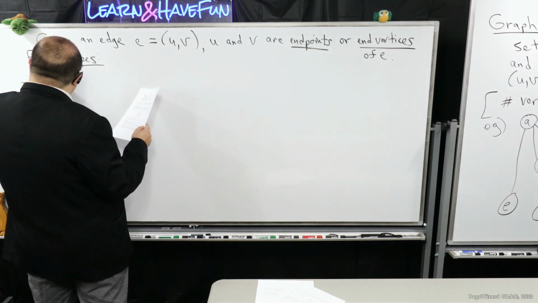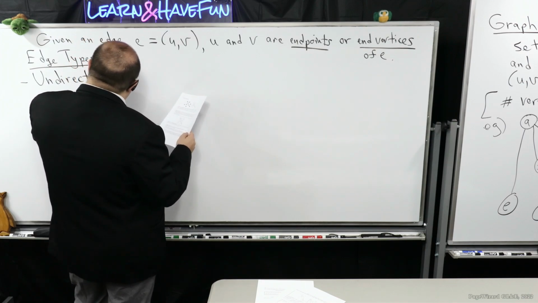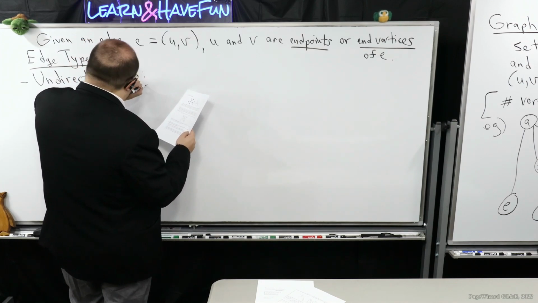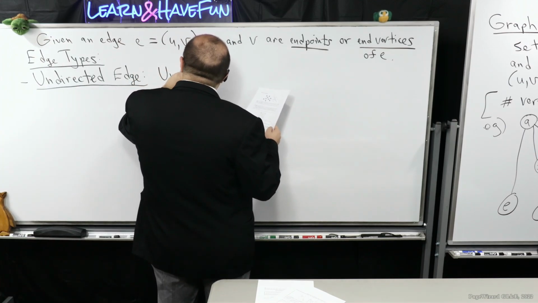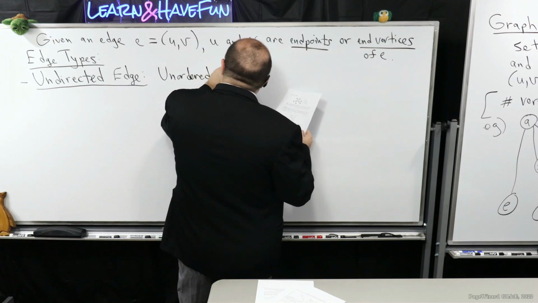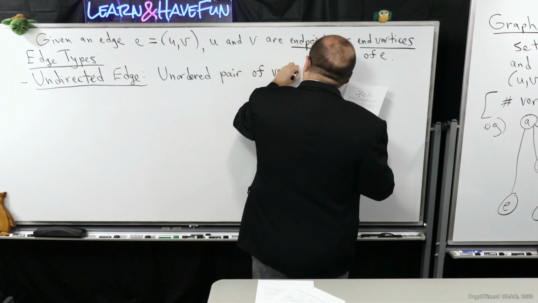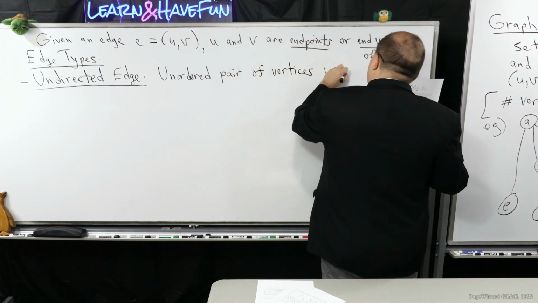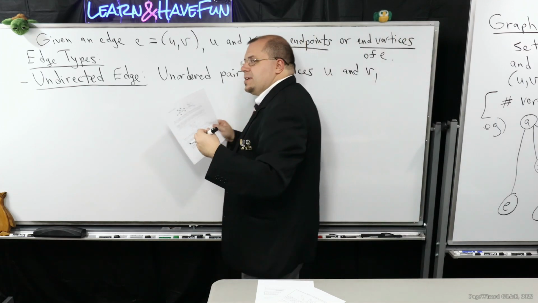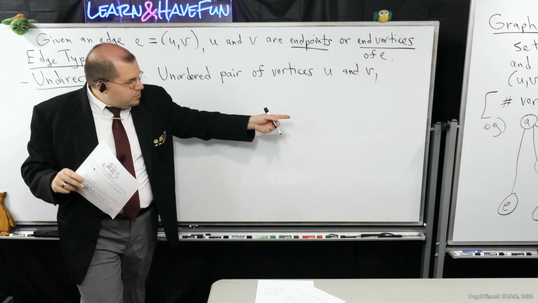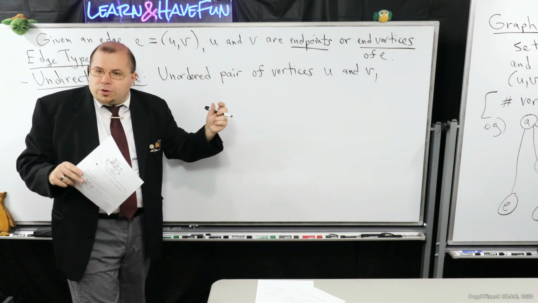So you can have an undirected edge. This is an unordered pair of vertices, U and V. I must stress that when I wrote out those pairs over there, the reason why I use the curly brackets, or curly braces, is, like I said earlier, it doesn't matter what order you write them in.